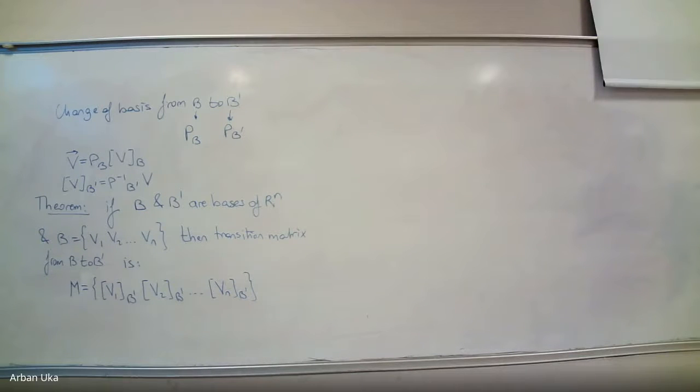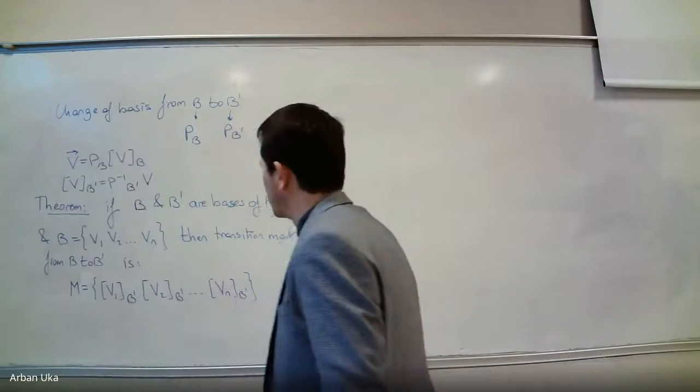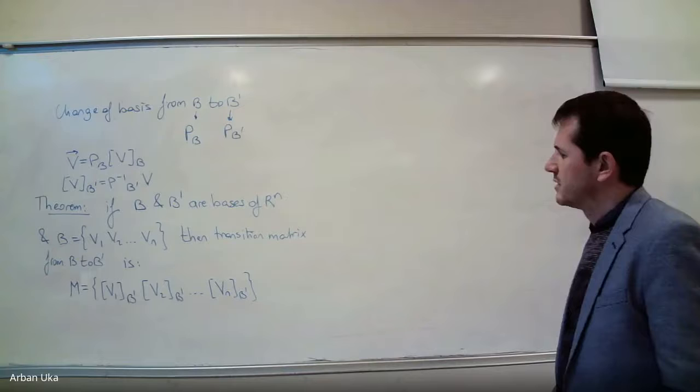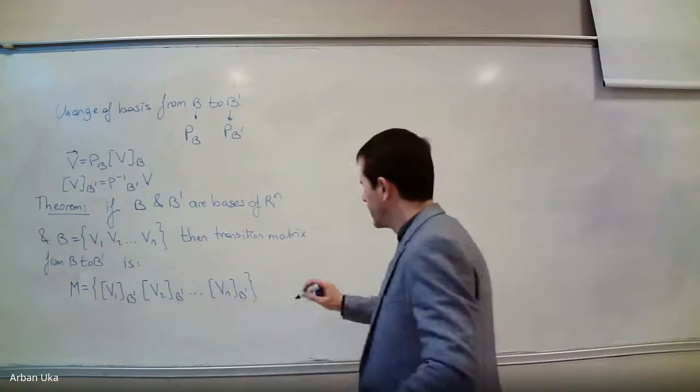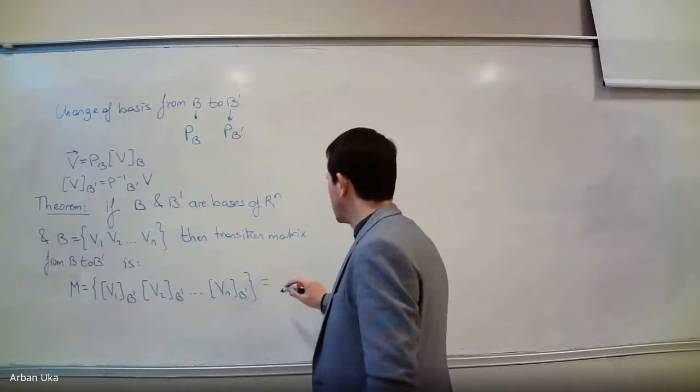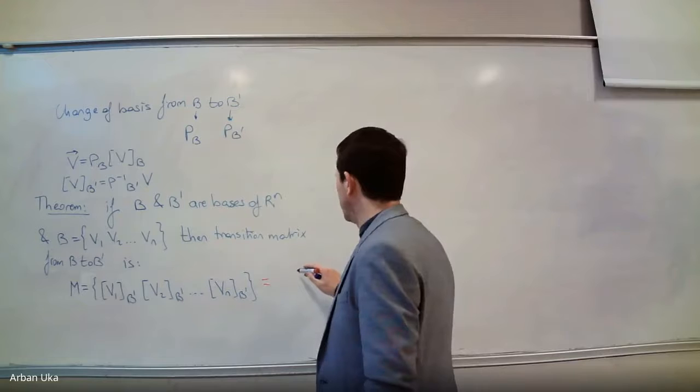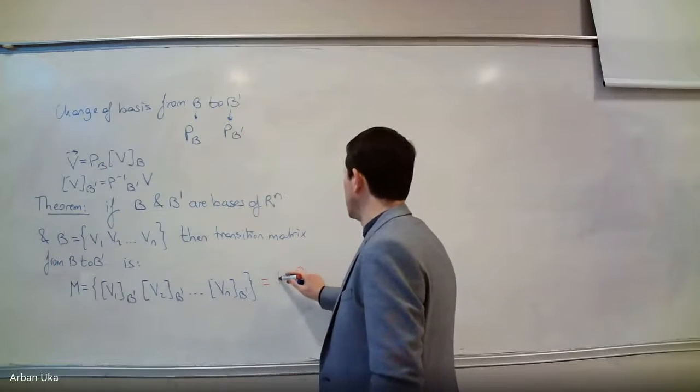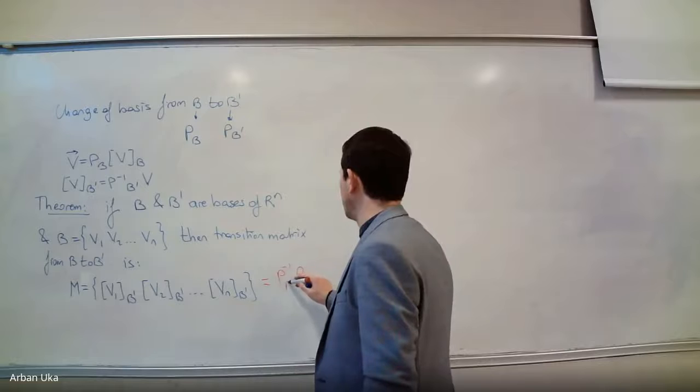So it is also worth to define this in this way, because in what we had before on the board, we had something like this, where we initially had the PB, right, and we had P inverse of B prime.